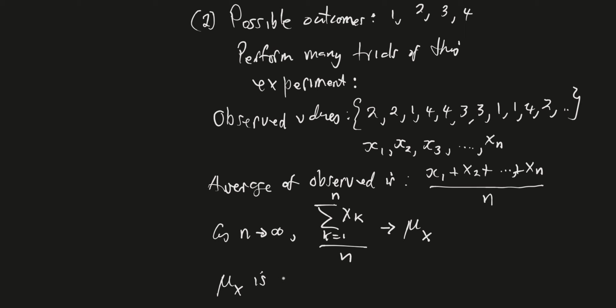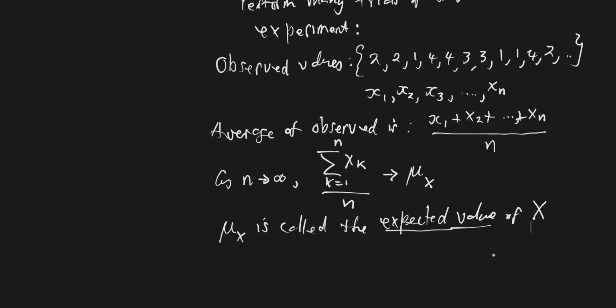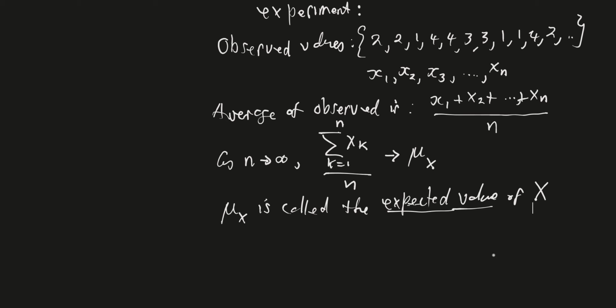So mu of x is called the expected value of a random variable x, right? And then because of that, there's another notation that we use. We just abbreviate expected with the letter E, and it's often written as big E of x, right?